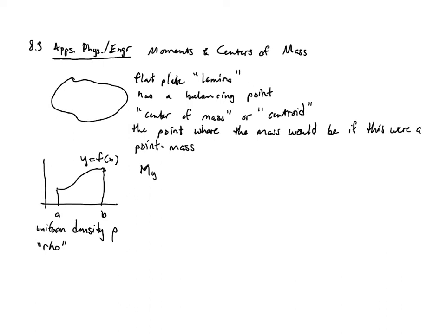So m sub y is the moment for the lamina about the y-axis, and that is given by the formula rho times the integral from a to b of x times f of x dx.